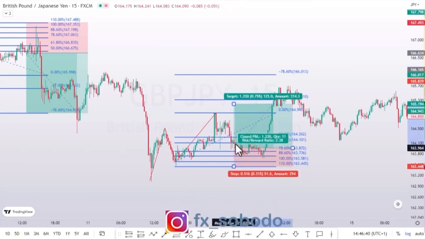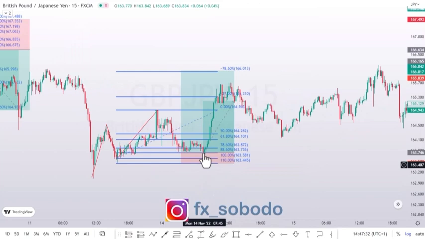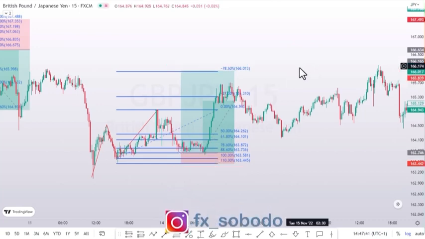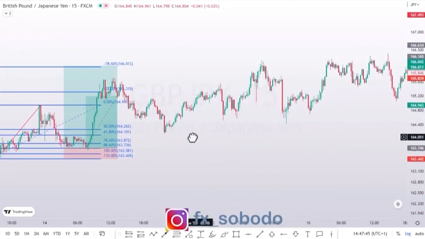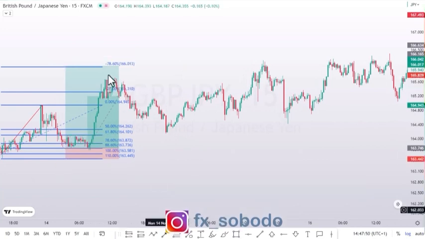Then from 61, because we saw this Harami pattern which formed here, we enter at that level and our stop loss right there. You see, same thing. This high, which high is higher than this high? Let's see. 1, 2, 3.